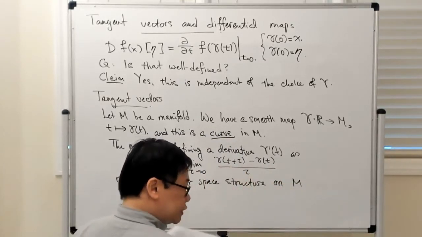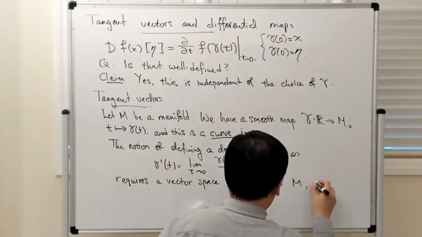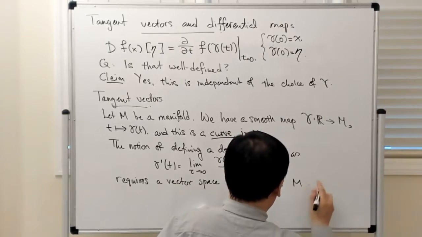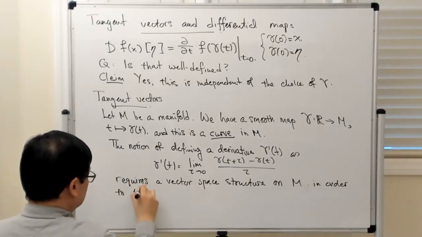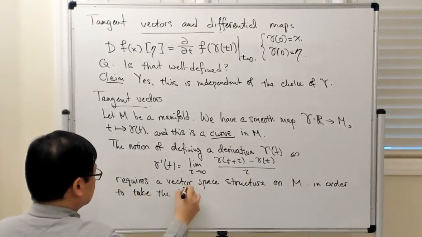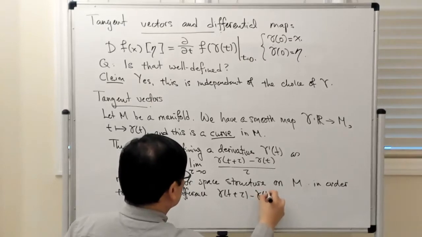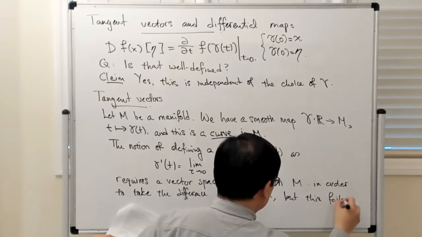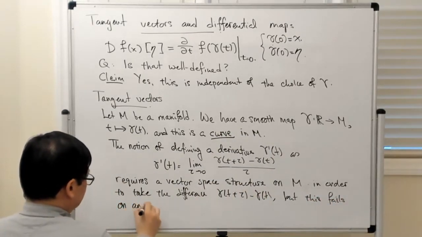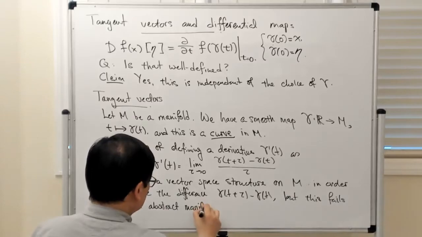So in order to take the difference, you need to assume that there's some sort of vector space structure in M, and we don't have that. This fails on an abstract manifold.